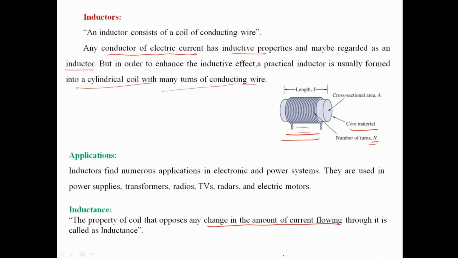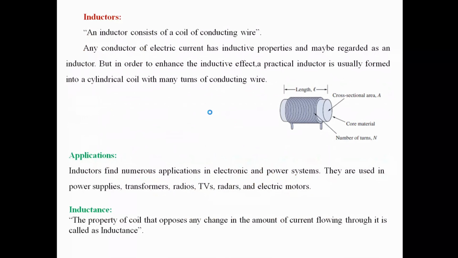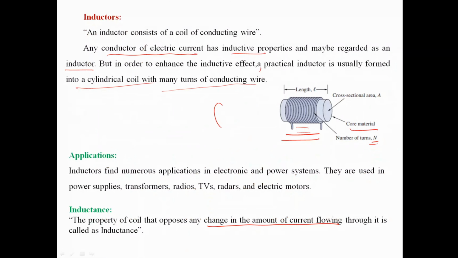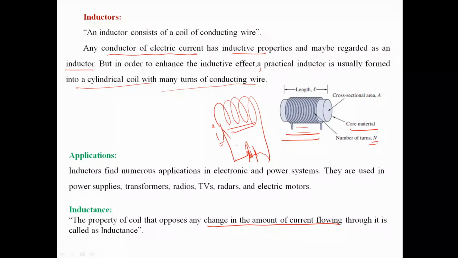So what is its property? The property of any coil, that is, when a conductor is wound like this, and a current I is passed through it, and if you are increasing this I through a variable resistance and a DC supply like this, then this inductor will have a property of opposing the change in current.